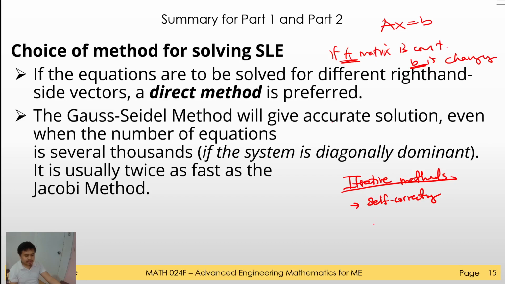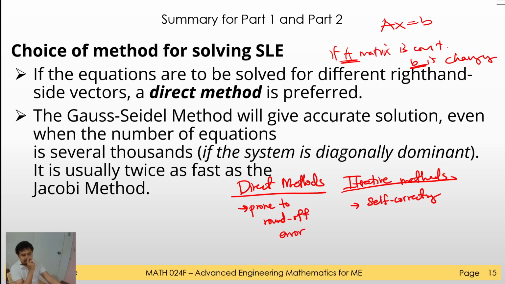So even if you make a mistake, it will correct itself even if there is a blunder, as long as your algorithm is correct. Even if you misread, let's say, 6 to 9, it will still self-correct. Comparing this to direct methods, it will be highly prone to round off error.